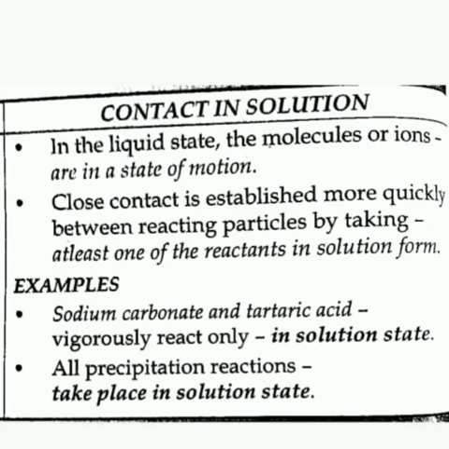The next one is by supply of energy. That means chemical change takes place by supply of energy. So what energy do you have to supply? First one is heat. Most chemical reactions are brought about by heating the reactants together.